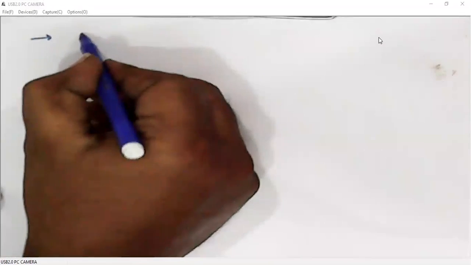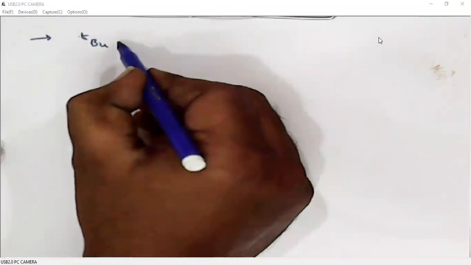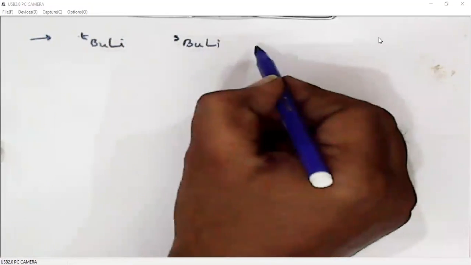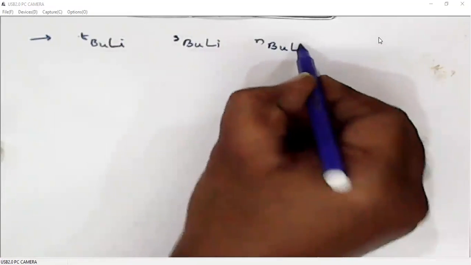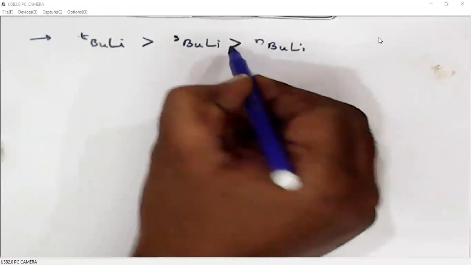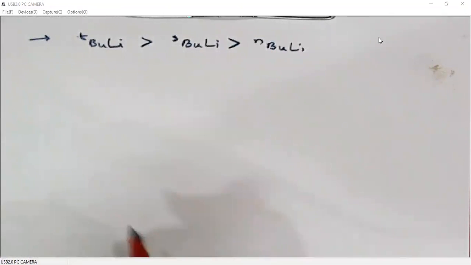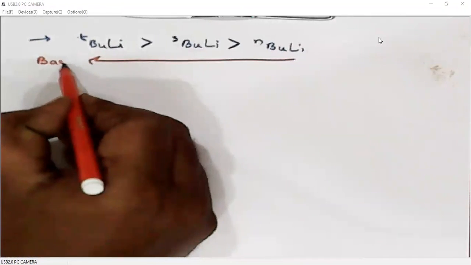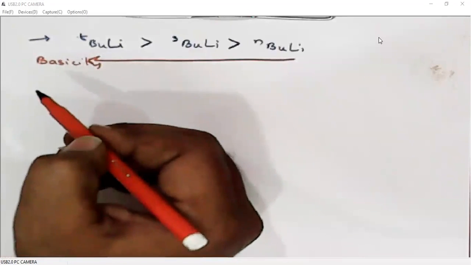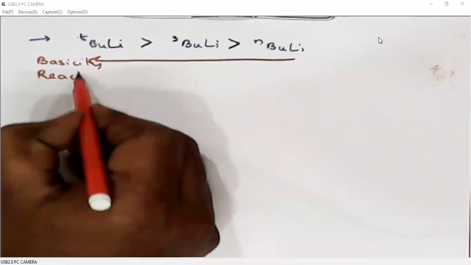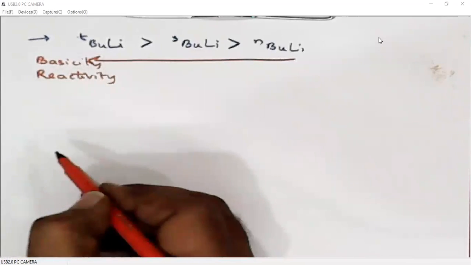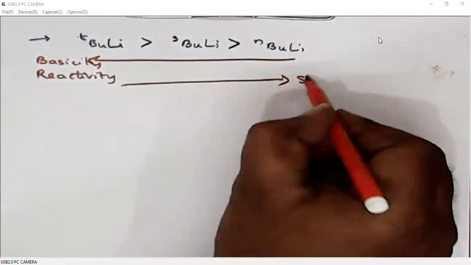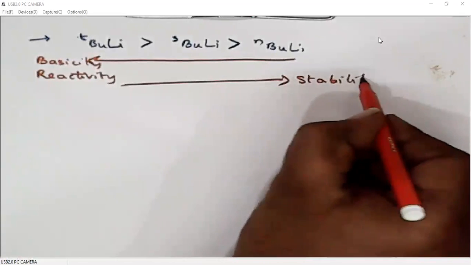When we compare tertiary butyl lithium, secondary butyl lithium, and n-butyl lithium, the basicity, reactivity, and nucleophilicity are generally more for tertiary butyl lithium, whereas stability is the opposite case.